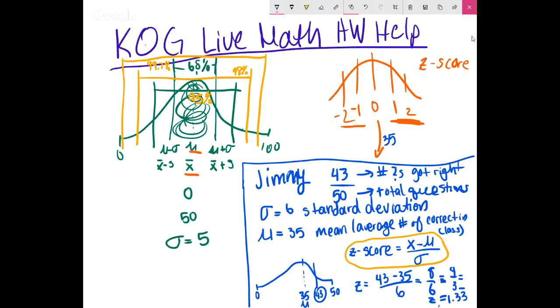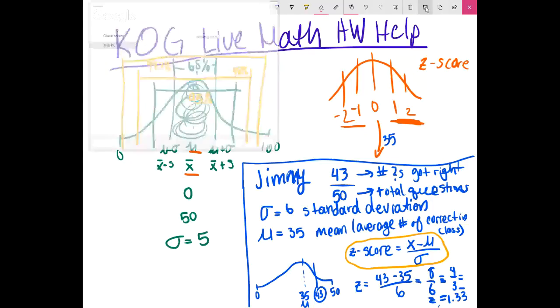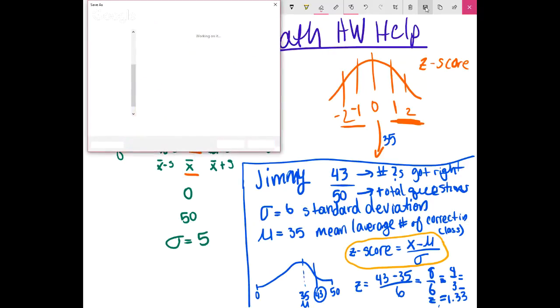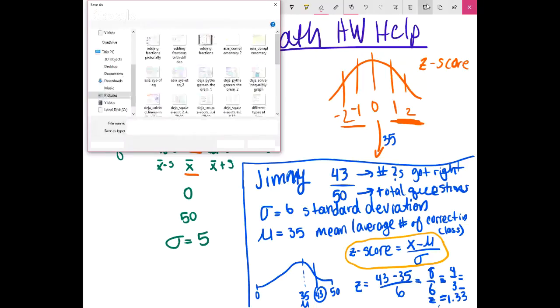Yay. Okay, let's do another one similar to this, just to get some practice in. I'm going to take a picture of this. I should have taken a picture of the other one and sent it to Samantha, but I'll just write it up again. Or Samantha, you can just watch it and take notes.